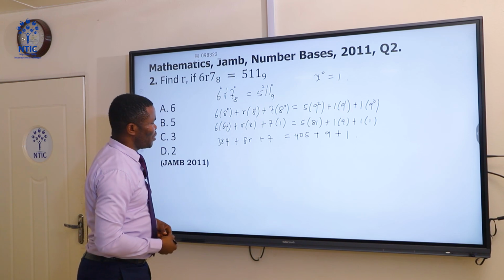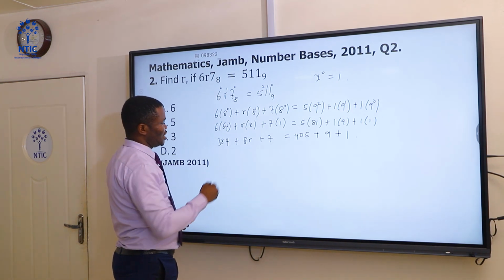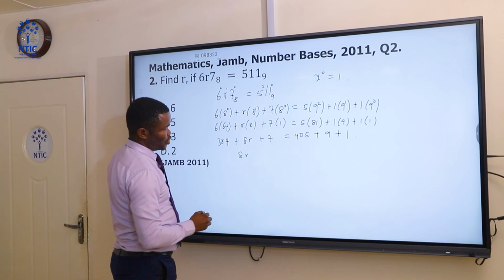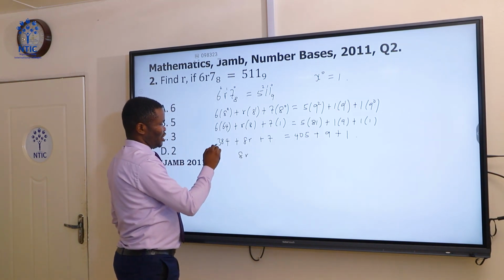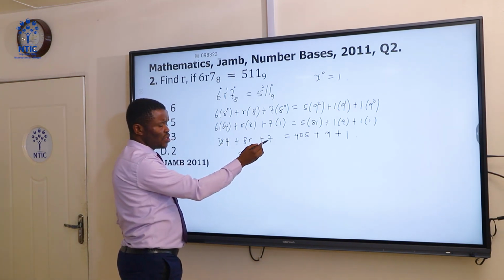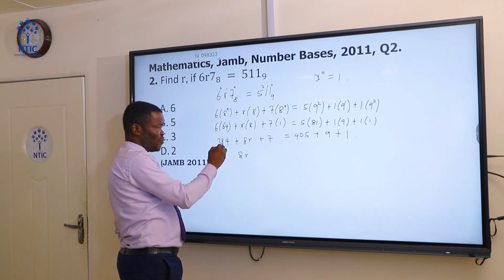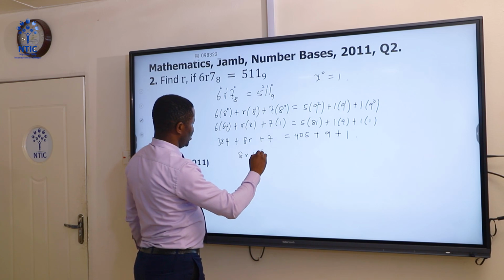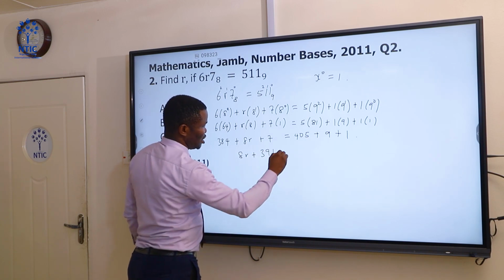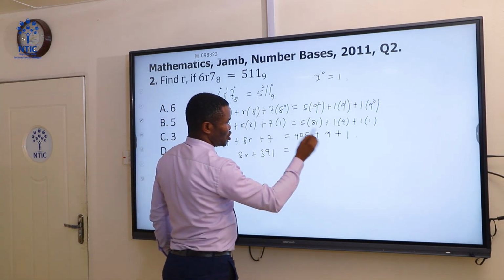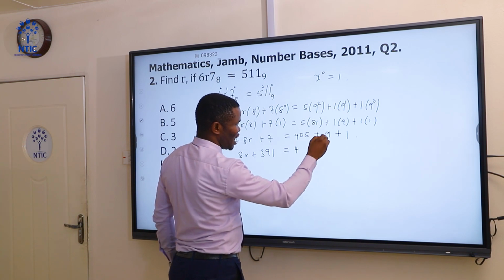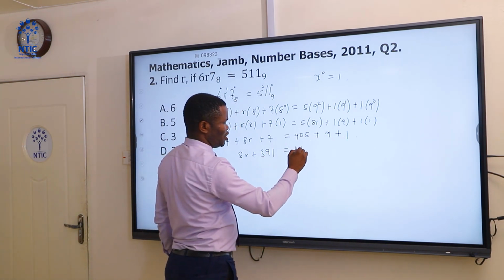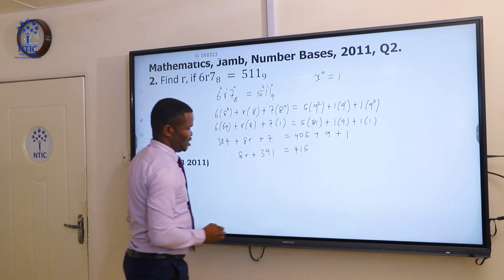So we clear up everything by writing 8r plus 384 plus 7. 384 and 7 are like terms. So it's going to give us 391 equal to 405 plus 9 plus 1, which is 415.